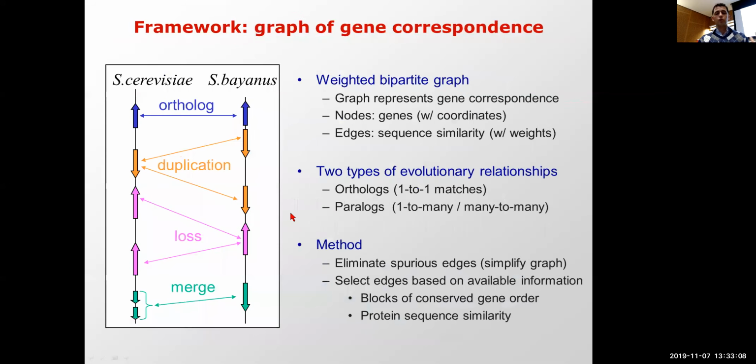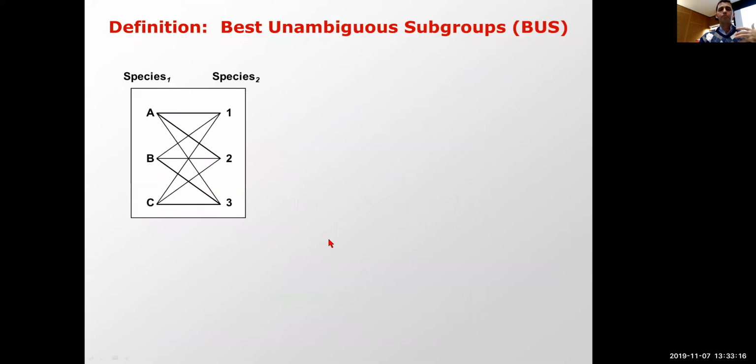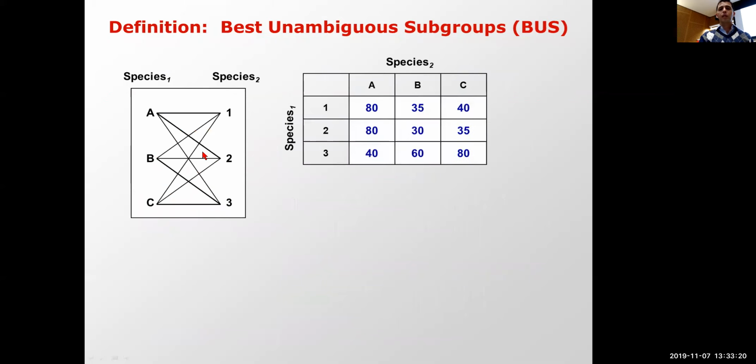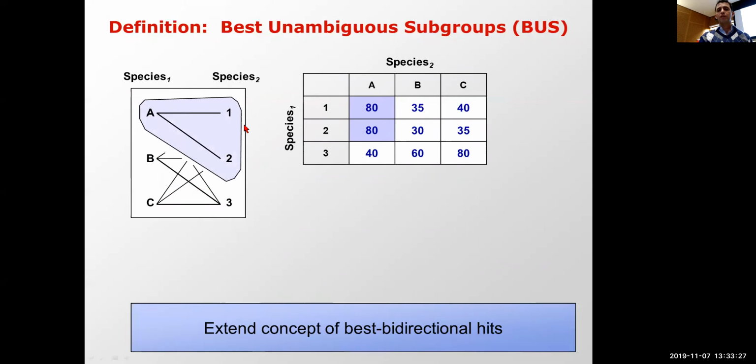And when you do that, you can infer orthologous relationships, you can infer duplications, you can infer losses, you can infer merges of genes by building a bipartite graph of your sequences, inferring from the similarity score matrix what are best alignments in every direction.